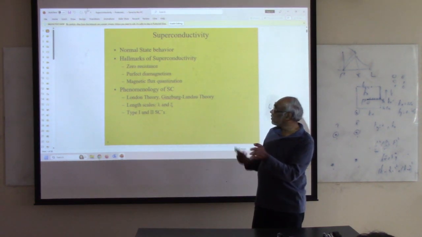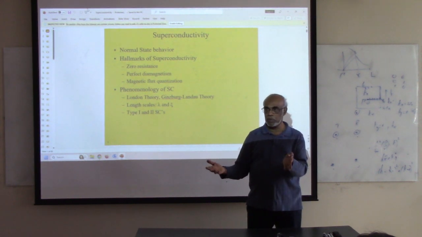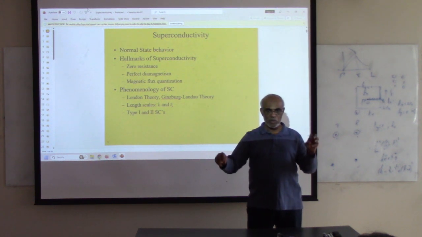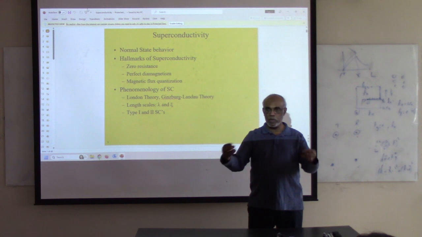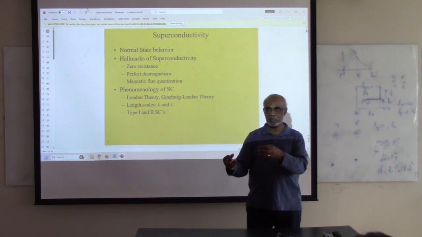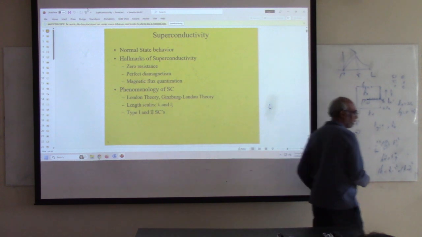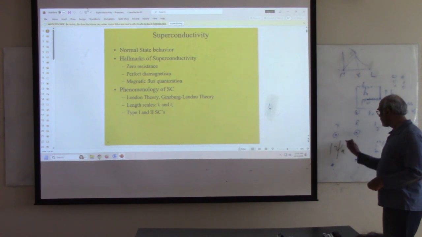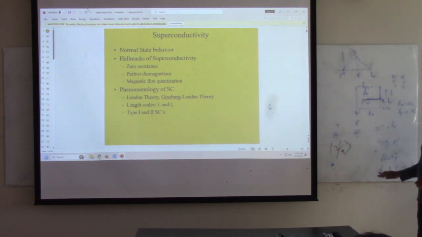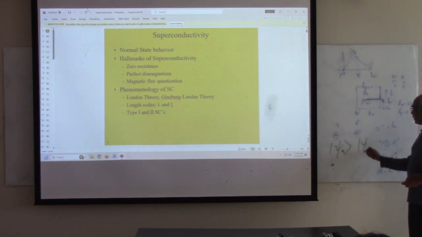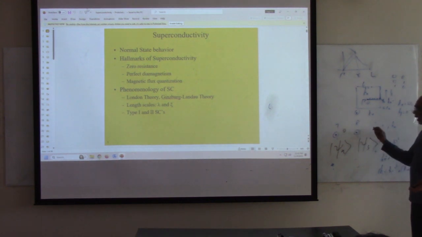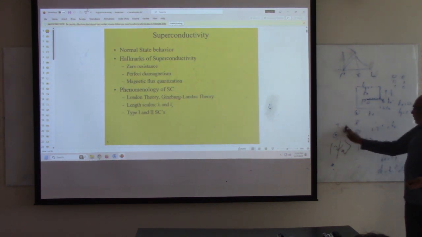That's why this is really interesting for people working in quantum computing, because you need qubits, right? You need to have 0 and 1 states, and you should be able to make a superposition of these states. If you take your normal state as some quantum state psi_n, then you can have the superconducting state psi_s as another state. This is like 0 and 1, but in typical electronics we have binary zeros and ones, that's all.